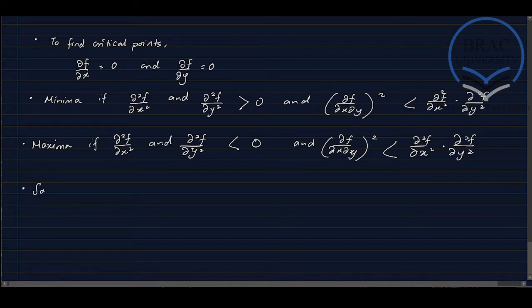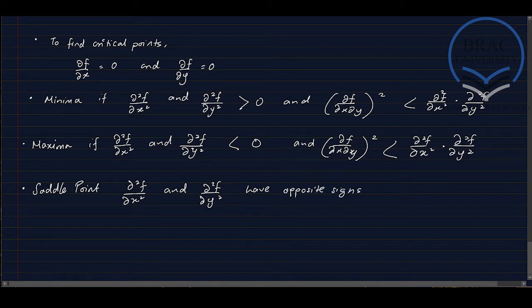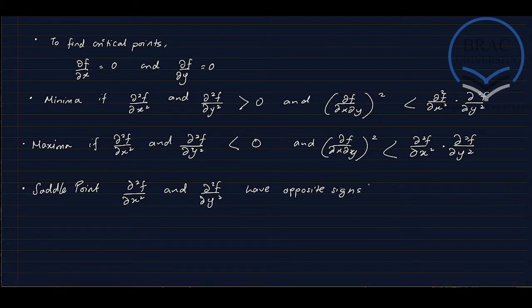And the third category of critical points is the saddle point. We get the saddle point if d squared f by dx squared and d squared f by dy squared have opposite signs, meaning that if d squared f by dx squared is positive, then d squared f by dy squared is negative, and vice versa.